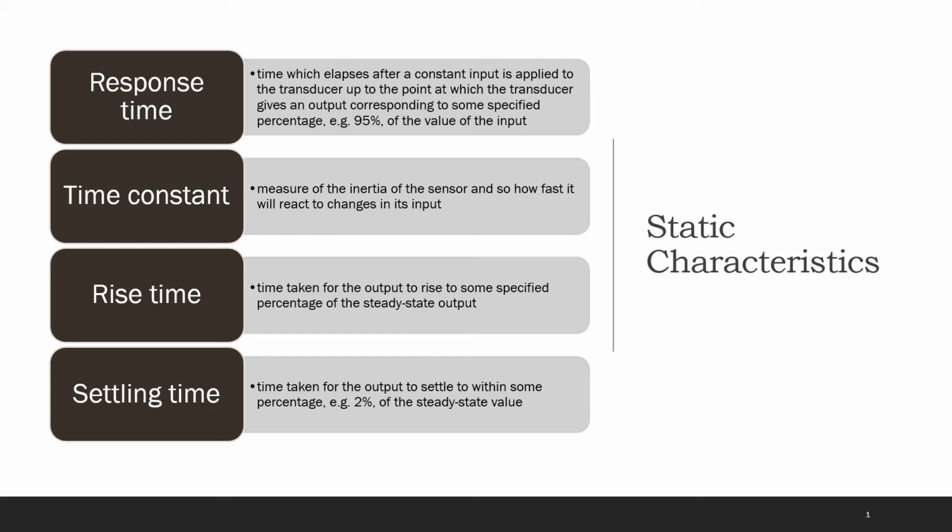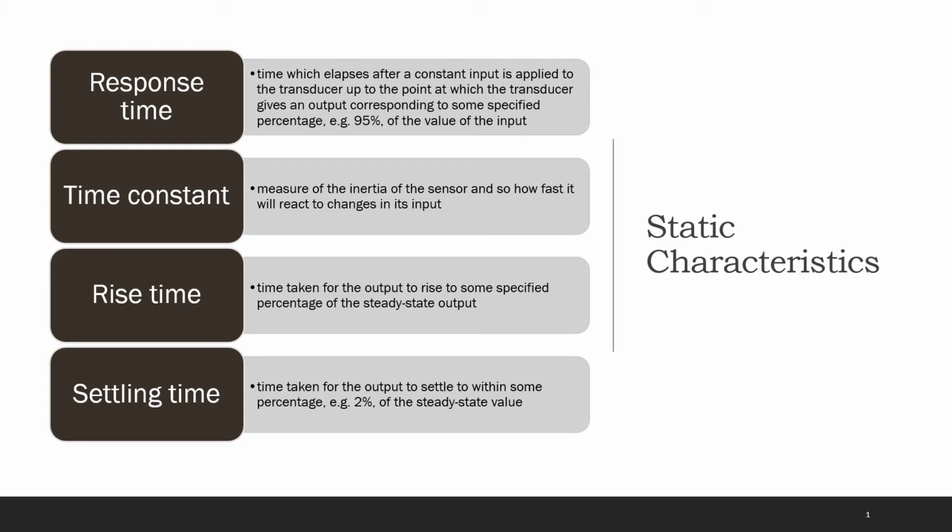The next one is the time constant. It is basically the measure of the inertia of the sensor, that means how fast it can respond to an input signal. It is given as the time required for the output to reach 63.2 percent of the total final output value.